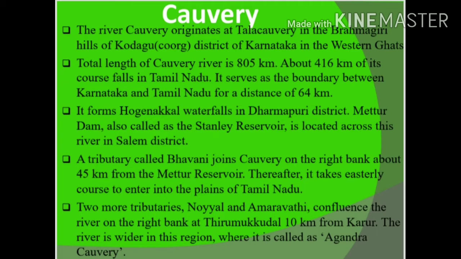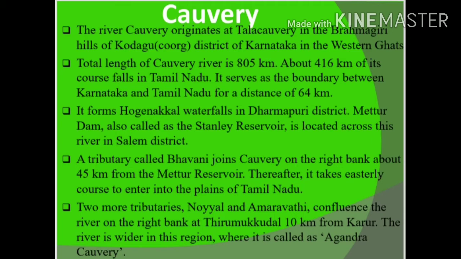The first tributary of river Kaveri is Bhavani. Then we have two more major tributaries, Noyyal and Amaravati. They join the river on the right bank at Tirumukkudal, 10 km from Karur. Here at Tirumukkudal, three rivers meet together: Noyyal, Amaravati and Kaveri.